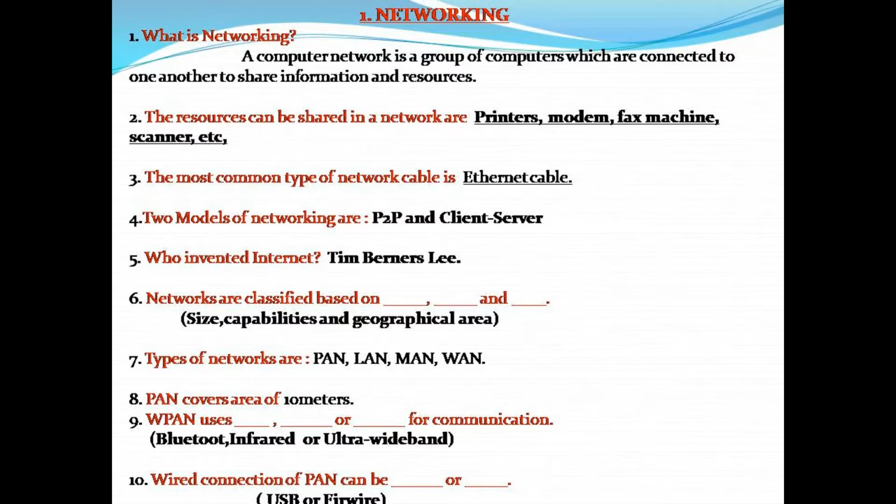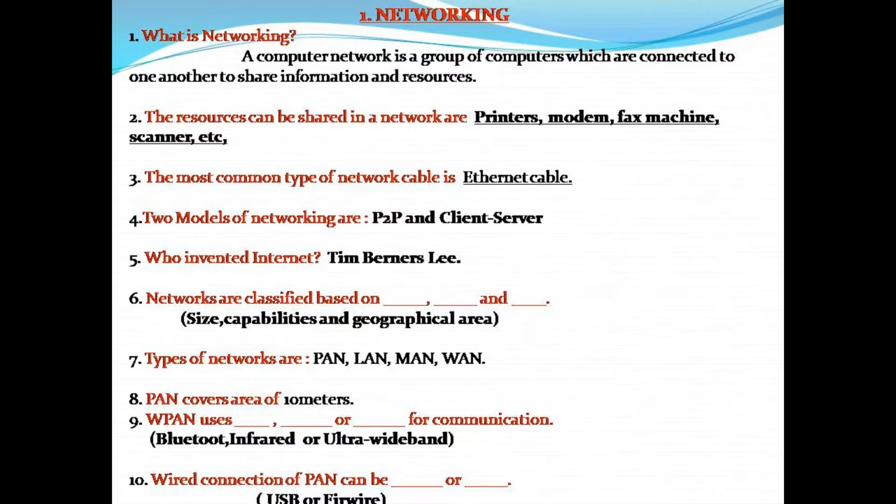Two models of networking are, yes, peer-to-peer network and client-server network. Question number 5. Who invented internet? Tim Berners-Lee. Networks are classified based on dash, dash and dash. Based on size, capabilities and geographical areas, networks are classified.